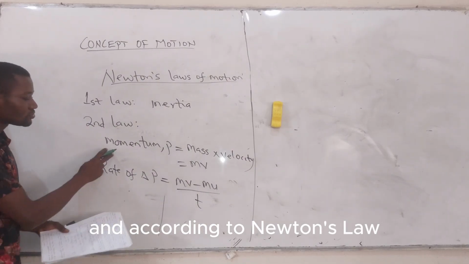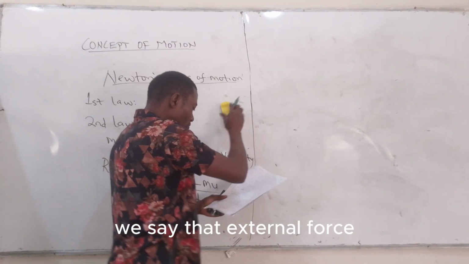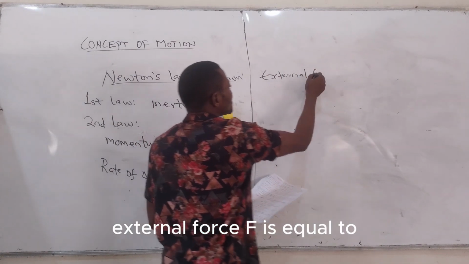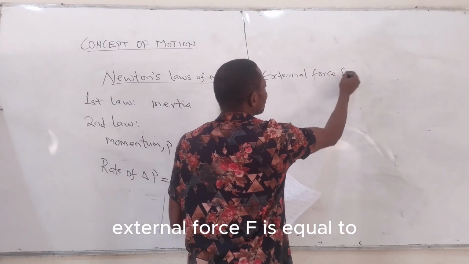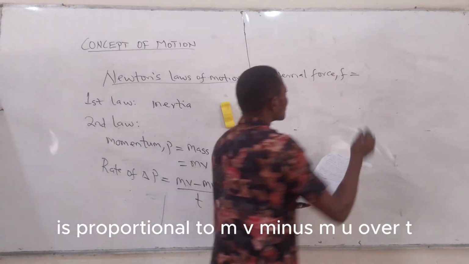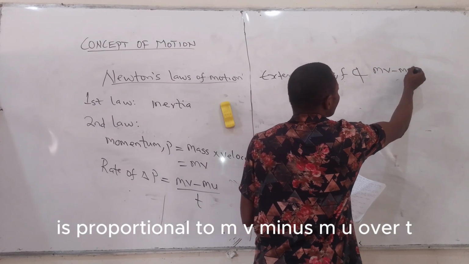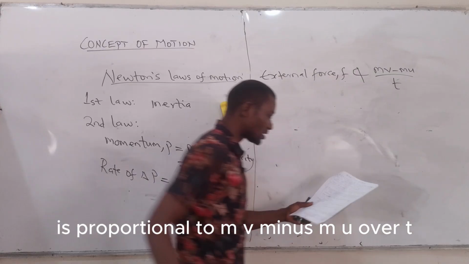And according to Newton's law, we say that external force F is proportional to mv minus mu over t.